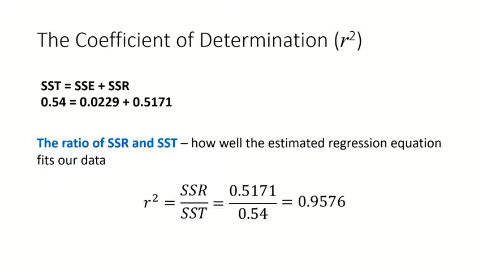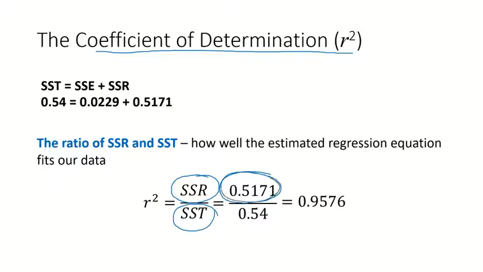Okay, so our coefficient of determination is the last point of why we are doing this. The coefficient of determination, R squared, is just the ratio of your sum of squares regression and sum of squares total. Okay, so these are the errors that were addressed by our linear regression, the one in the numerator.